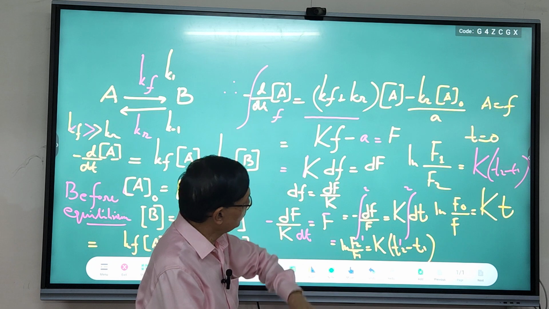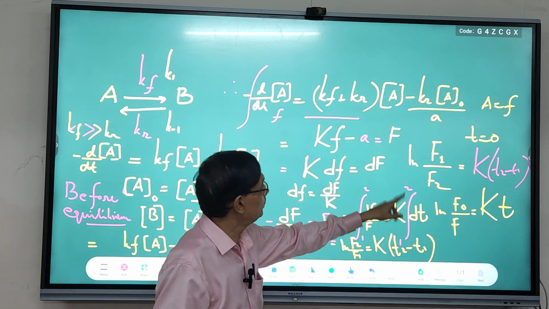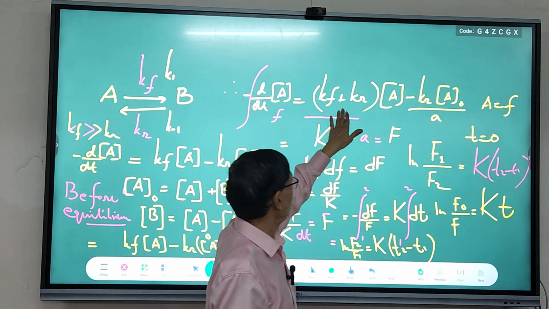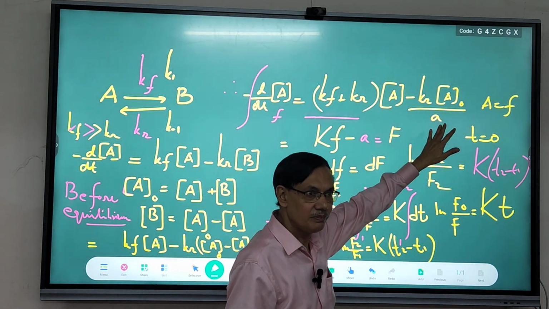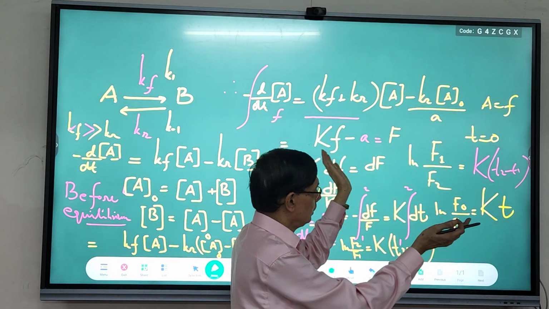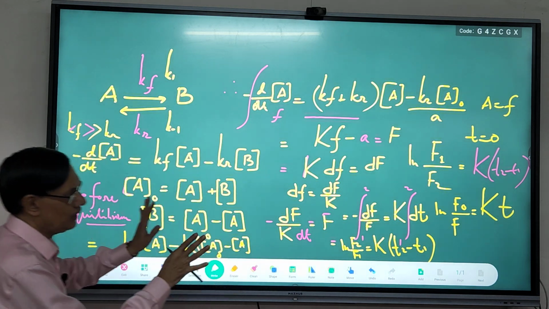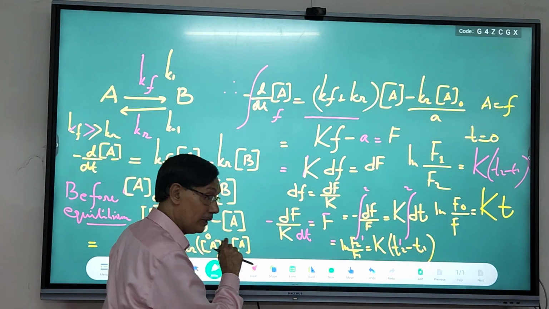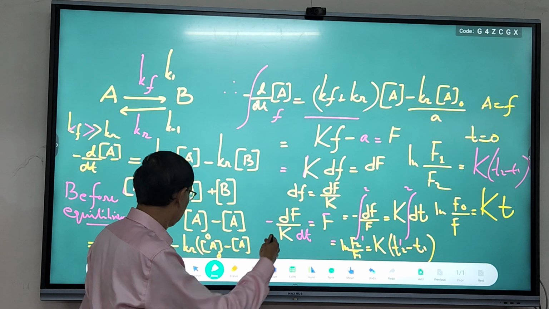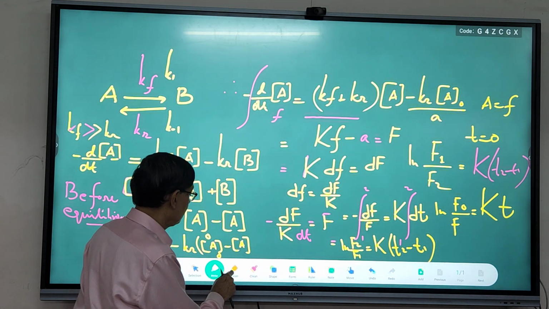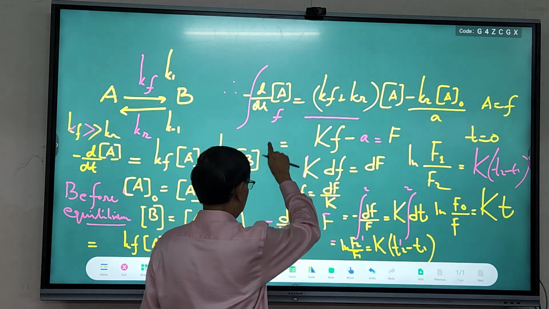And now if we substitute the value of F in our main equation, that means F is Kf plus Kr A minus Kr A0, that is F. So F0 divided by F, it is very simple because it is the starting point; then gradually we will go to the consecutive reactions and little more difficult reactions. So I can write like that.